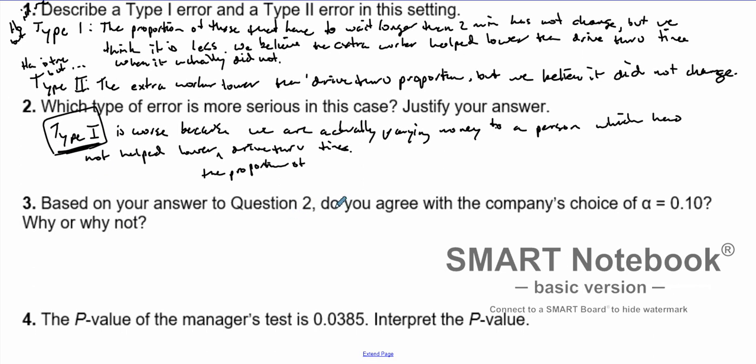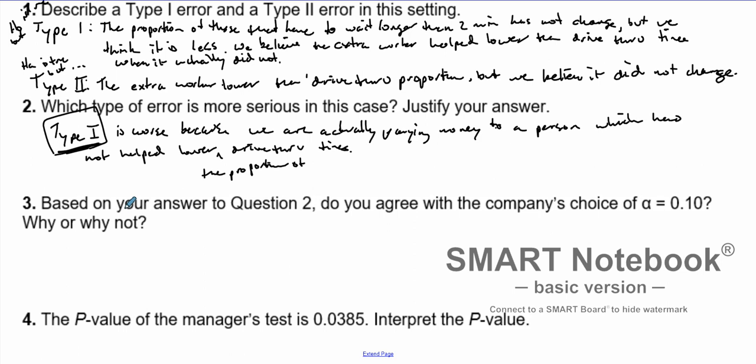Based on the answer to the previous question, do you agree with the company's choice of 10%? Why or why not? Well, in essence, if you want to have 0.10, that means you're giving yourself more error. If you want to reduce the probability of getting the error, you don't want to have as much error.